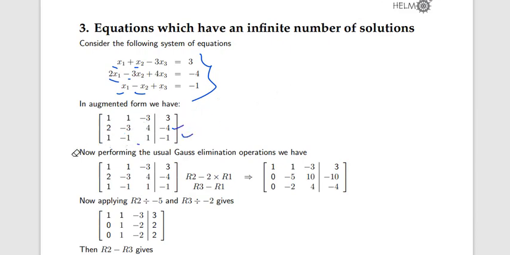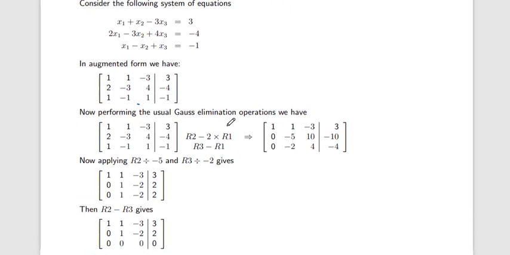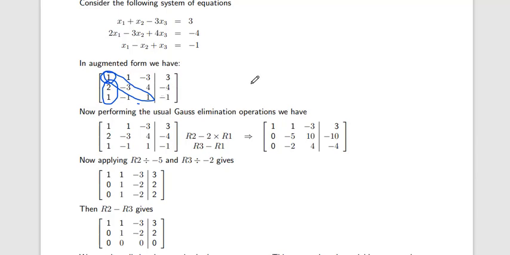The first row is 1, and we do some row operations to get 0 here and obtain an upper triangle matrix.